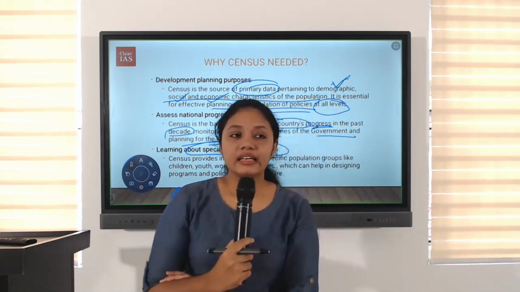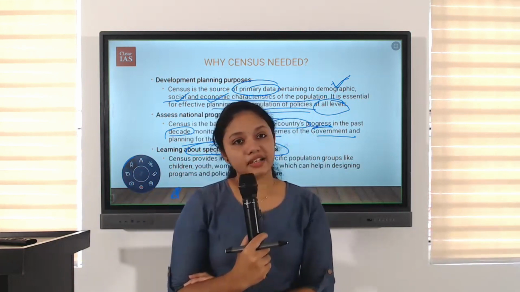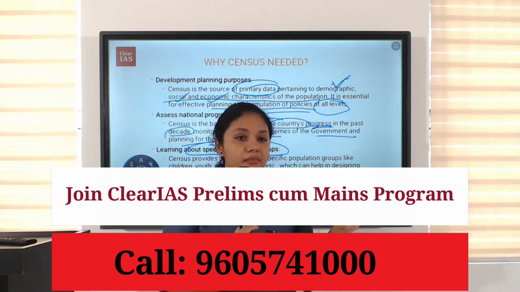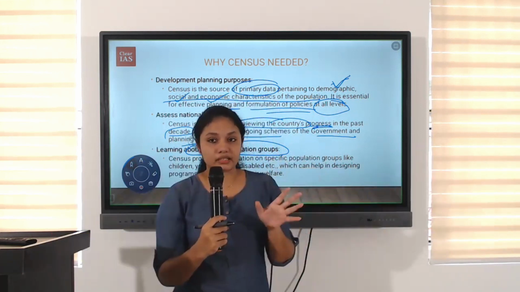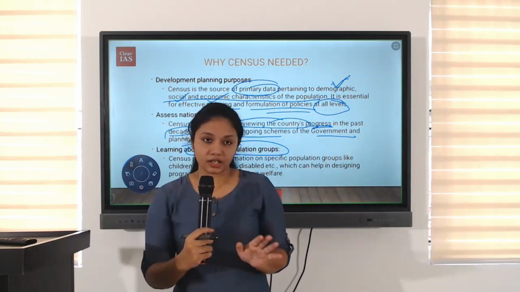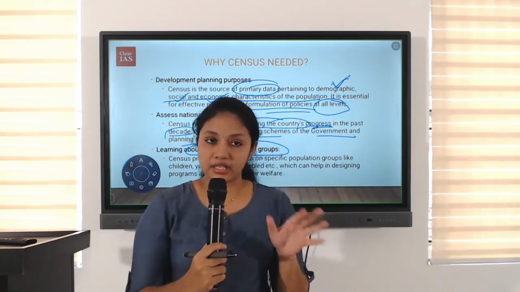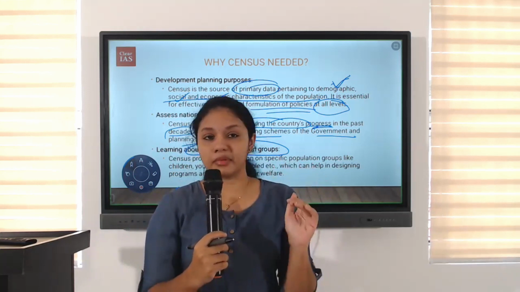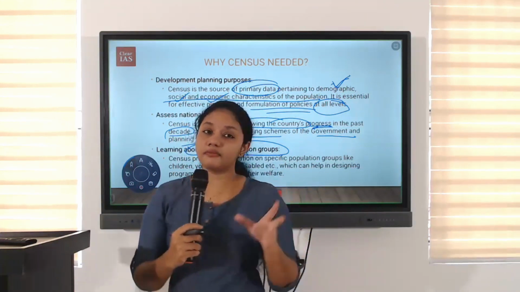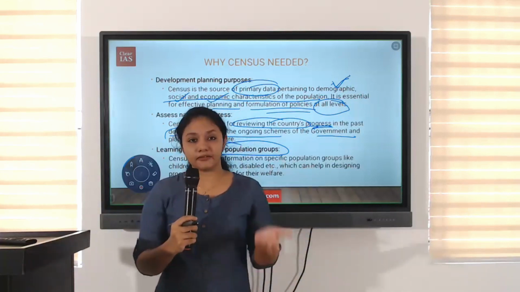Okay. See, in general, the perspective of people is that only the economic background of people is considered to be having vulnerability. Okay, it's not like that. Not only economic vulnerability is considered, even social vulnerability is also considered. Vulnerable section means every group who need an upliftment.